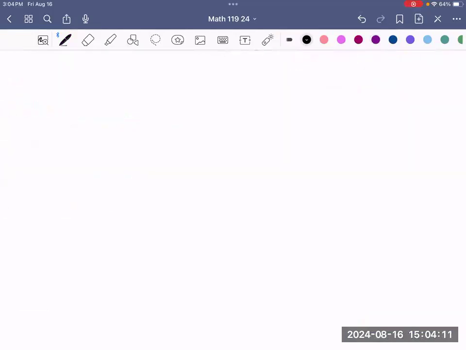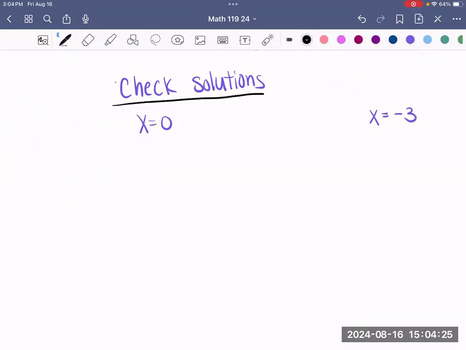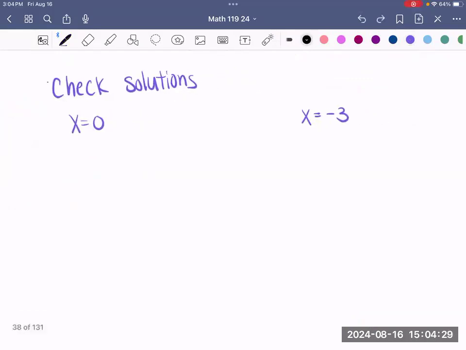So from your equation, so checking your solutions, one of them when x is equal to 0, and the other one when x is equal to -3. Now we're going to check from the very, very beginning.